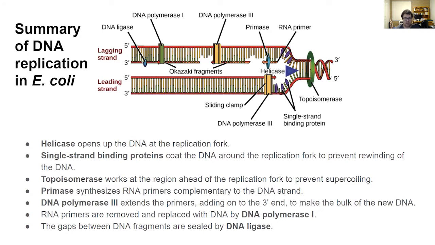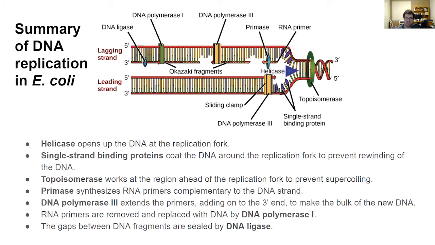They have a topoisomerase. I can never say that one correctly. They have an enzyme that works just past the replication fork to avoid the DNA forming some of the larger coiled structures that the strands form.